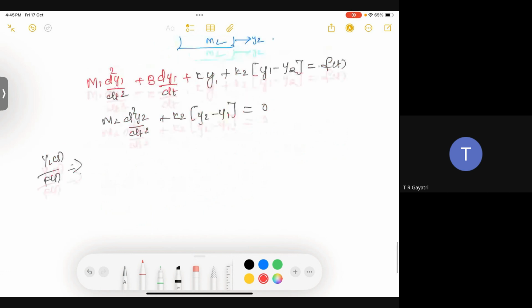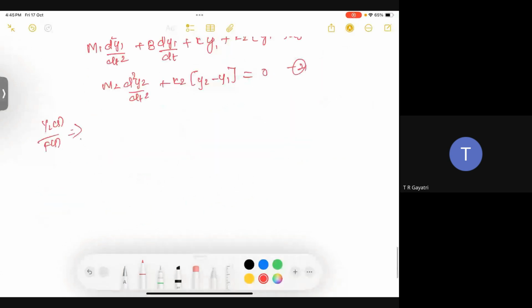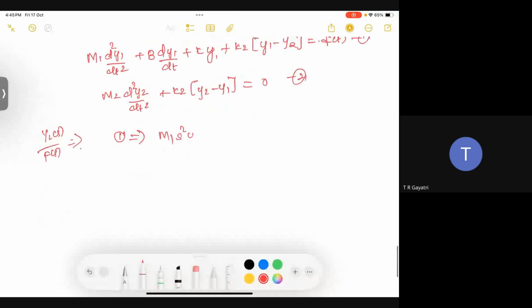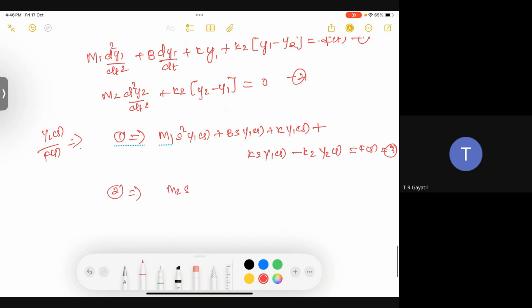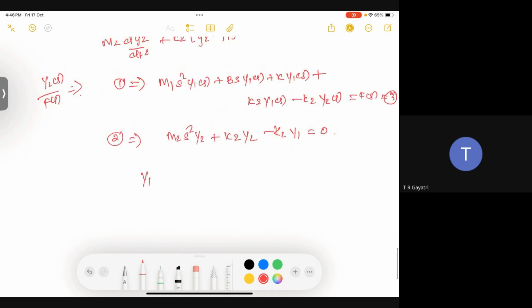So this is the first equation. The Laplace of the first equation gives us m1 s squared y1 of s plus bs y1 of s plus k y1 of s plus k2 y1 of s minus k2 y2 of s equals f of s. That's the third equation. The second equation becomes m2 s squared y2 plus k2 y2 minus k2 y1 equals 0. If I want to write the second equation in terms of y2, I have to write y1 from the first equation.